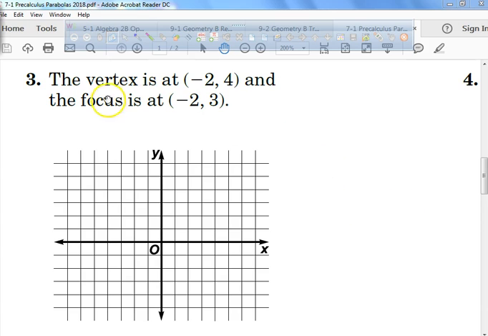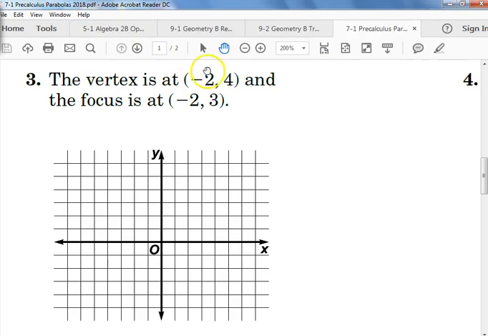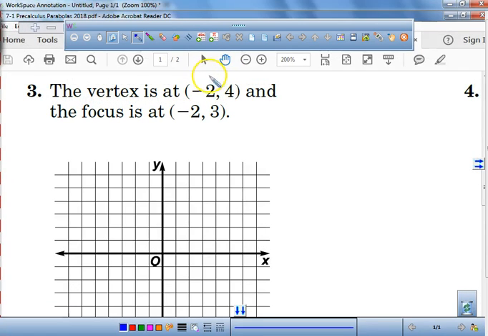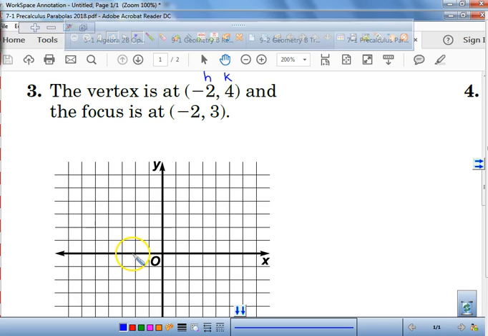So right now, it says the vertex of this parabola is at -2, 4. Right above this on problem number 3, I'd like you to label this as your H and this as your K. Then you're going to plot the -2 and the 4 right there, and call it your vertex.